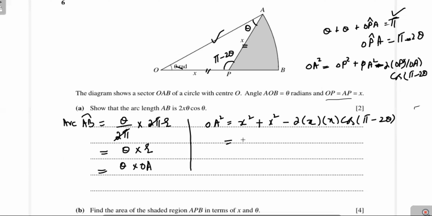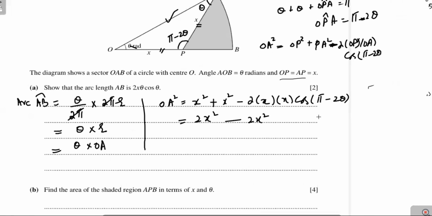You know cos of pi minus theta equals negative cos theta. Therefore cos of pi minus 2 theta will be equal to negative cos 2 theta.